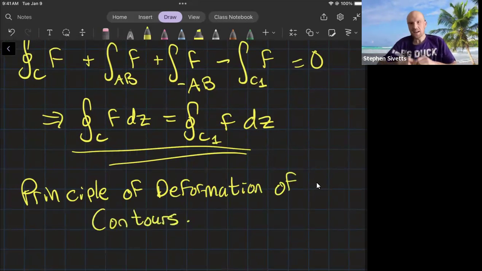What this means is for any closed curve C, we can find another closed curve C1, which is easier to work with, right?